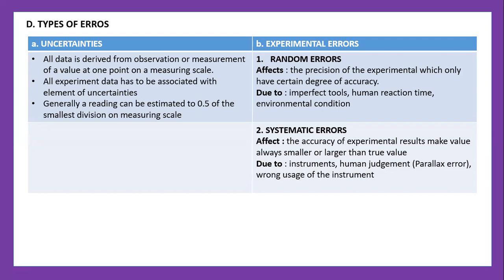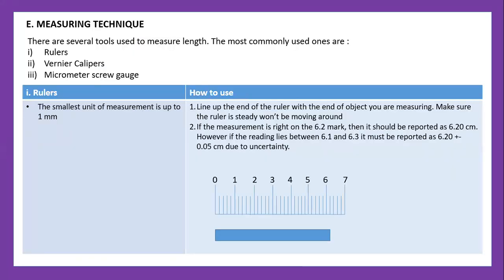Meanwhile, systematic errors affect the accuracy of the experimental result, which makes the value always smaller or larger than the true value. Systematic errors could be due to instruments, or human judgment, which we call parallax error, or a wrong usage of the instrument.